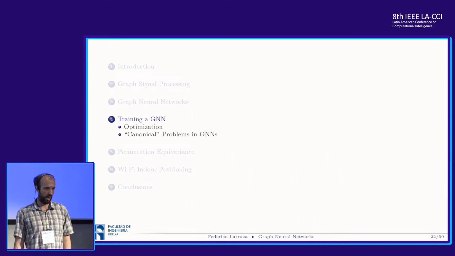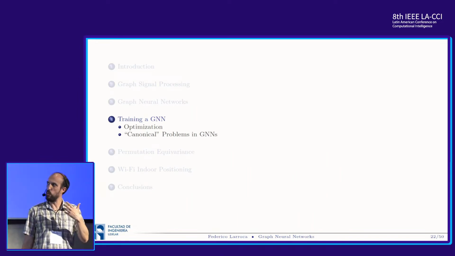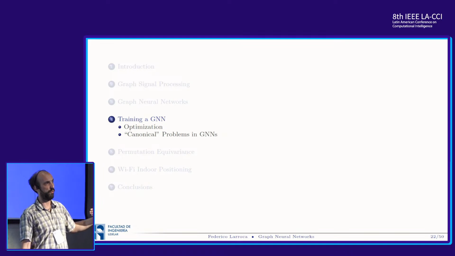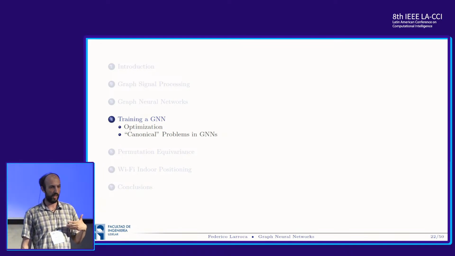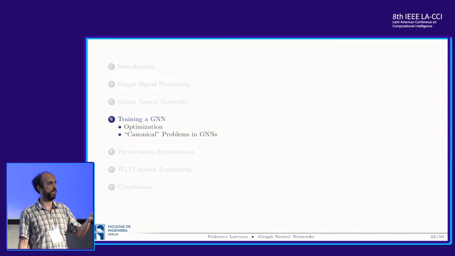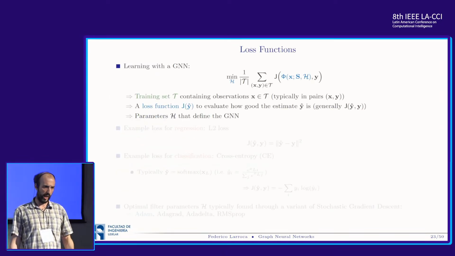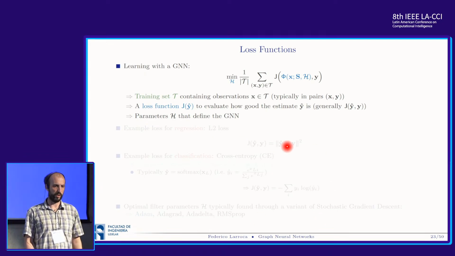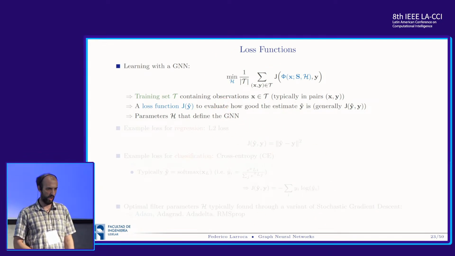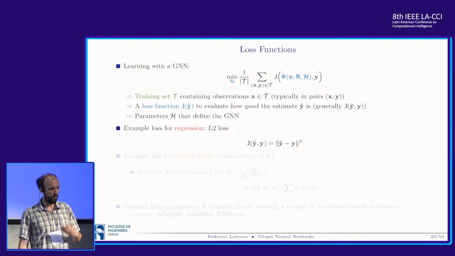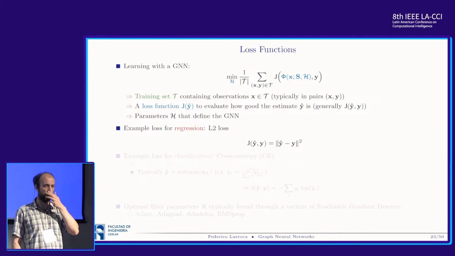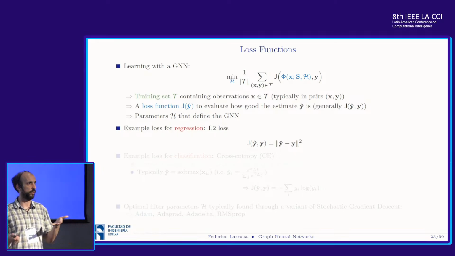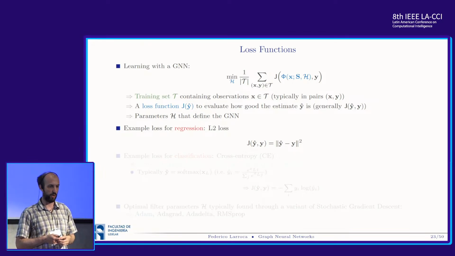So let's talk about how we can use what we've seen so far in some canonical, but typical, problems in graph learning. Again, learning on graphs is simply minimizing a certain cost. For instance, if you're going to do regression, the cost is typically an L2 loss, the squared norm.